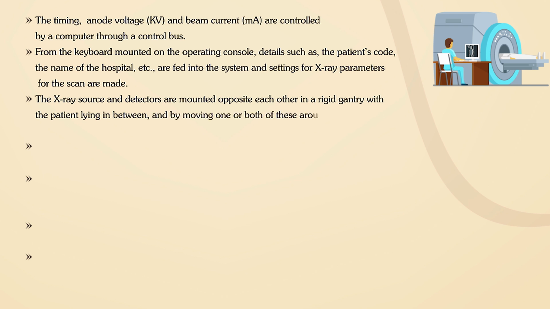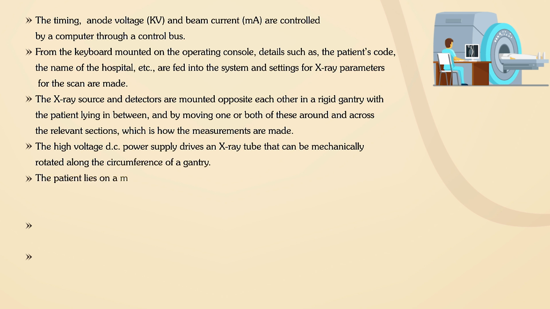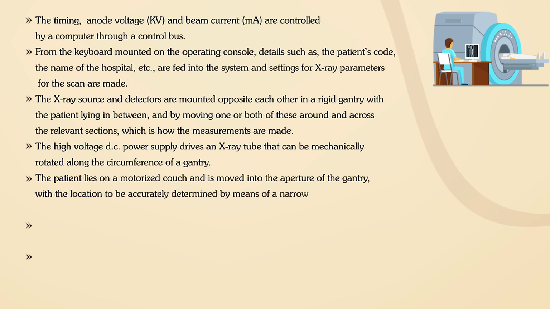The X-ray source and detectors are mounted opposite each other in a rigid gantry with the patient lying in between, and by moving one or both of these around and across the relevant sections, the measurements are made. The high voltage DC power supply drives an X-ray tube that can be mechanically rotated along the circumference of a gantry.